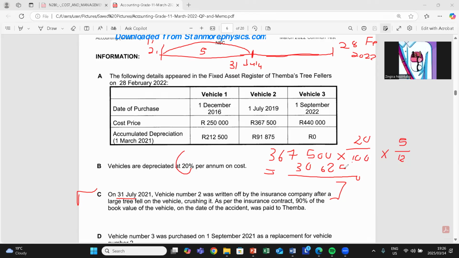Let me confirm. 367,500, right? Multiply by 20%, multiply by 5 over 12. Yeah, that's correct. That is your depreciation for the current financial year.